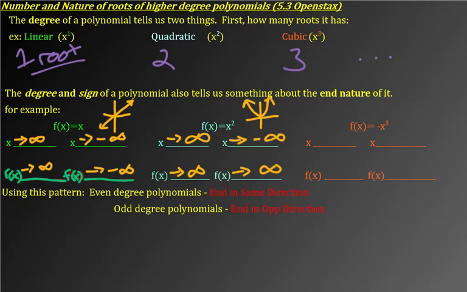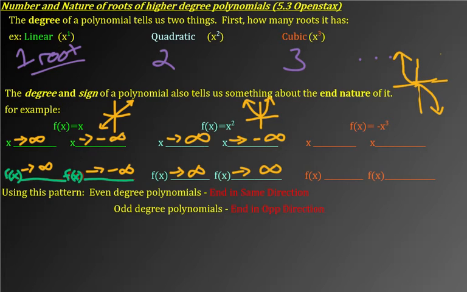And then x cubed, a normal x cubed looks like that. But we have a negative one, so we would flip that around. We saw these back when we did that function transformations project a while back.